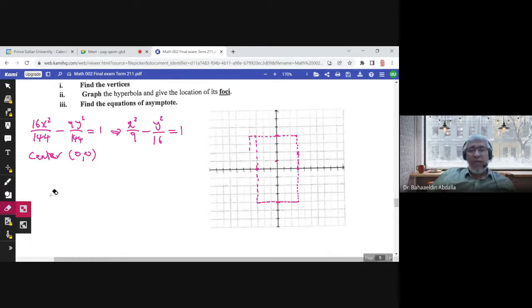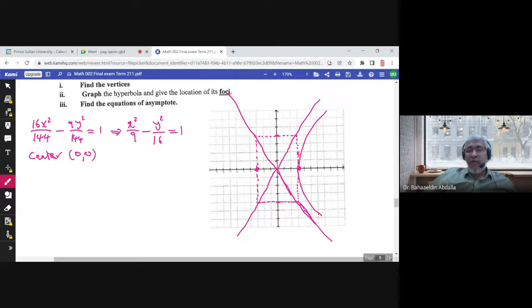And we know that the diagonals of the fundamental rectangle are the asymptotes. You can draw them dashed or just straight lines, no problem. And since x squared is positive, the vertices are here. This would be the graph of the hyperbola.